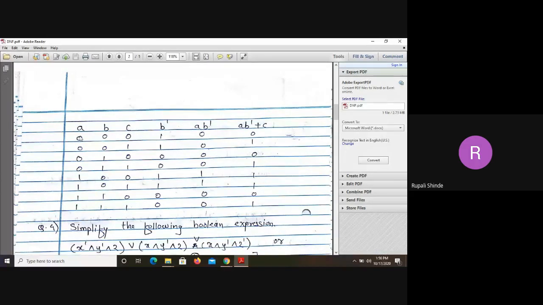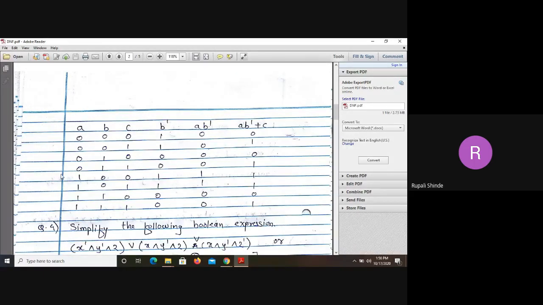So for A, 4 times 0 and 4 times 1, because three variables are there, that's why 2 raised to 3 equals 8 possible values of the truth table. Then for B, 2 zeros, 2 ones, 2 zeros, 2 ones, and for C, 0 1 0 1 likewise.